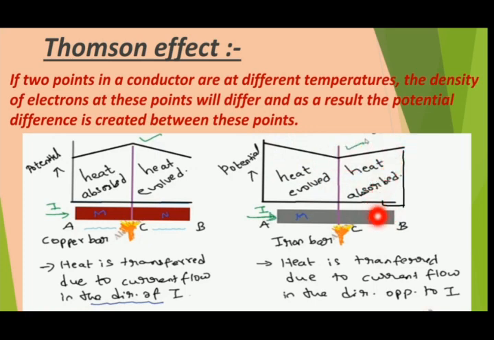This is negative Thomson effect. Here, heat is transferred due to current flow in the opposite direction to the current I. A similar effect is observed in the case of platinum, nickel, cobalt and mercury.